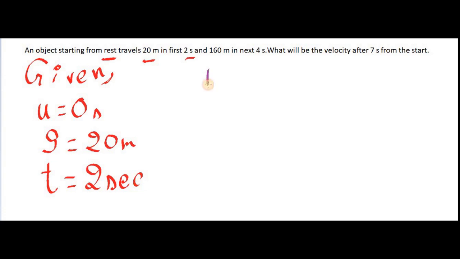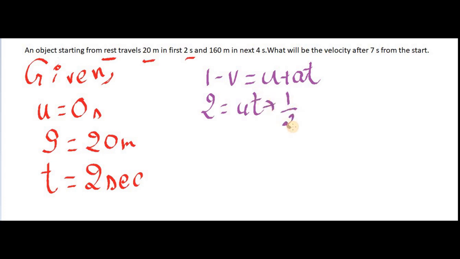The first equation is v is equal to u plus at, and the second equation is ut plus half at square is equal to s, or s is equal to ut plus half at square.